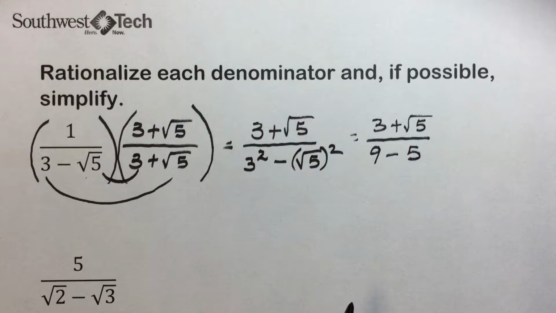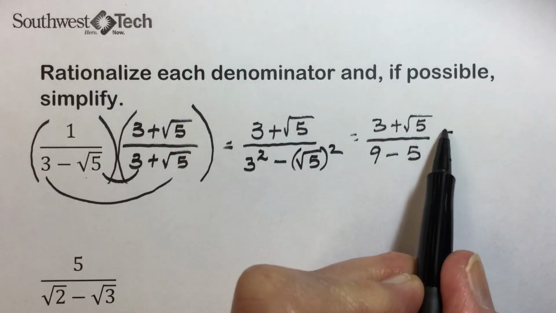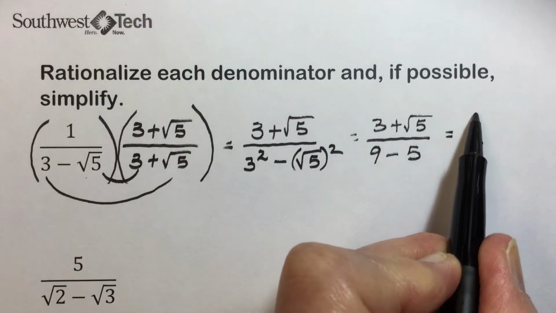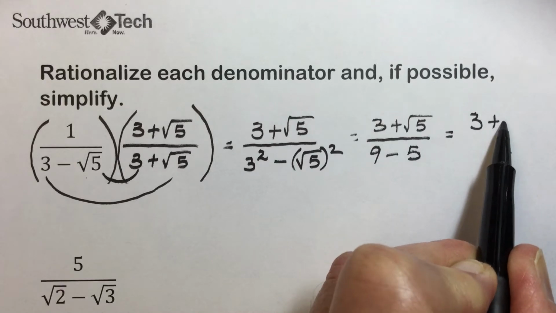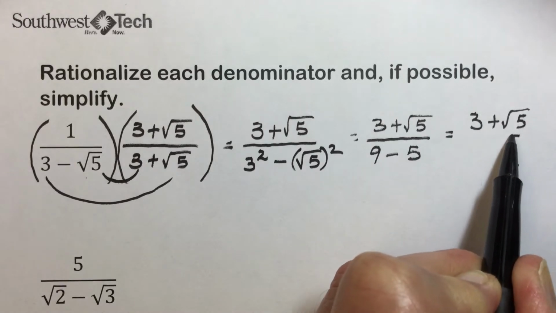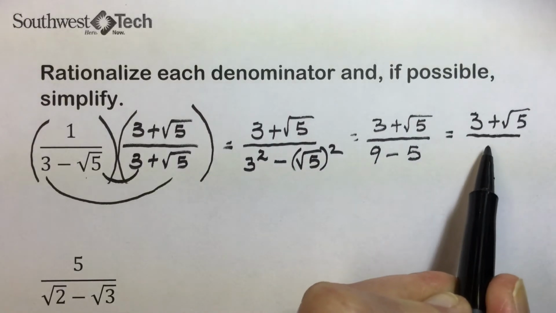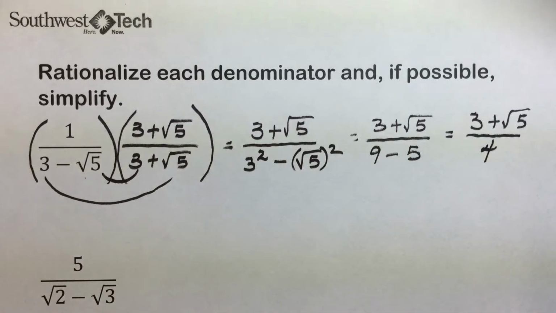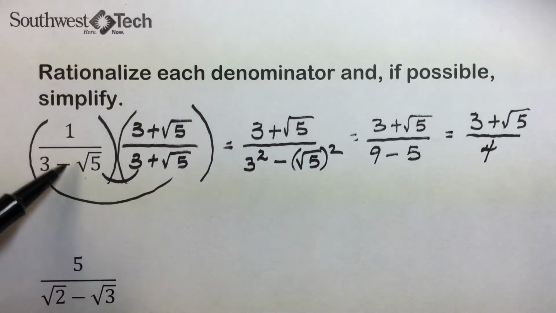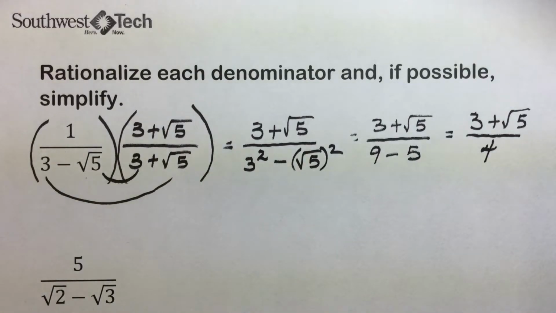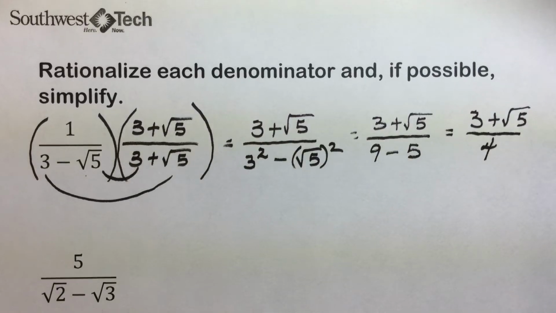And simplifying further, we no longer have that radical or irrational number in the denominator. Rather, we have 9 minus 5 is 4, and we've accomplished the mission of rationalizing the denominator, eliminating that irrational number that was there before.